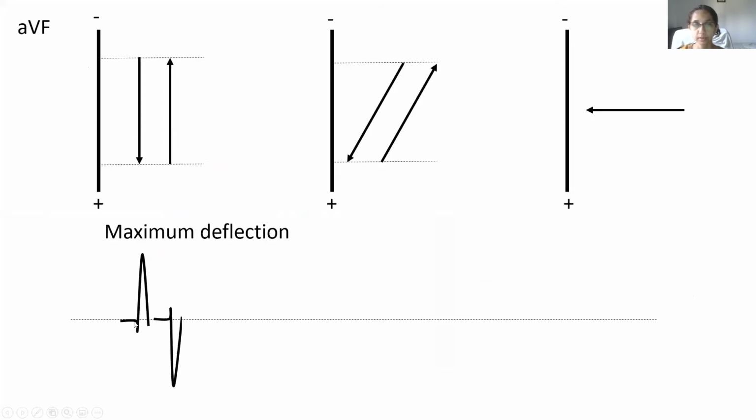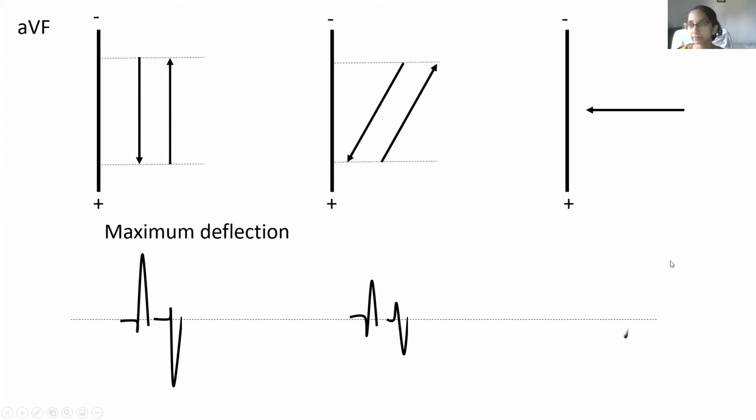So if I have a maximum deflection, then I have the vector going towards that. If I have a maximum deflection in a negative way, I have it going away. This is just AVF as an example, because AVF goes like this. It is positive here, negative here. So if in AVF I have a maximum positive deflection, I know my vector is going downwards.